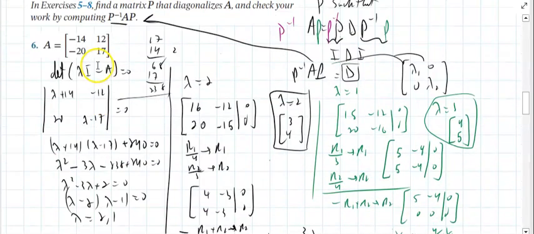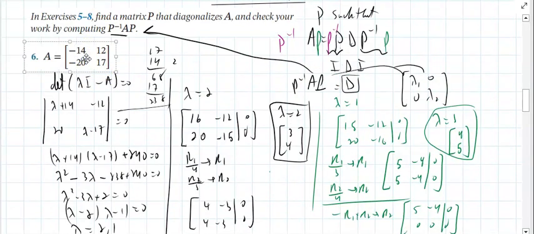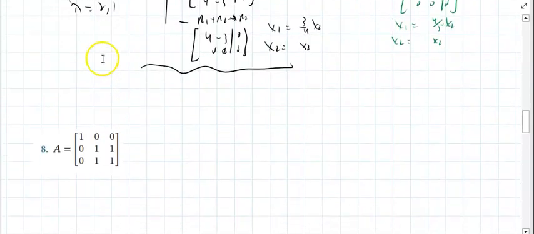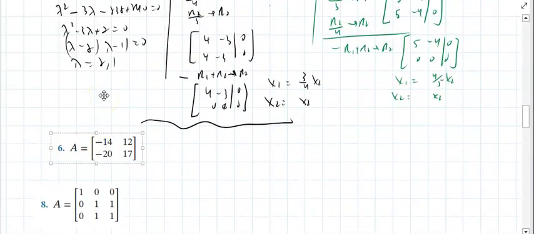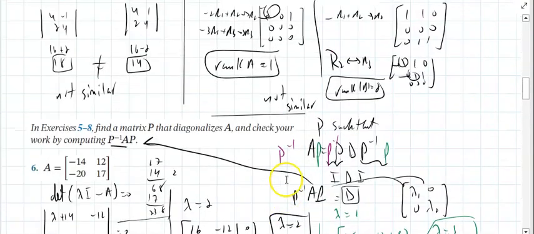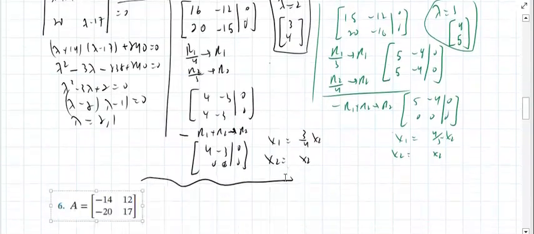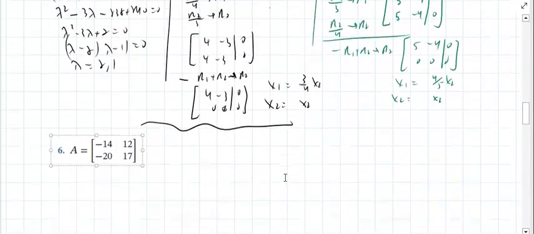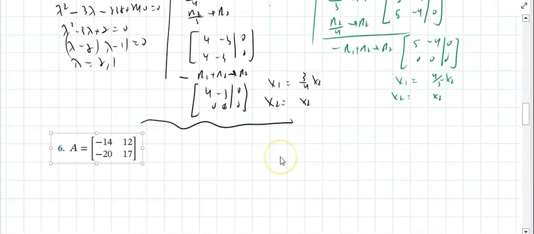Now, I'm going to take A. They want me to write P inverse AP. Let me show you. I have two options to do, and you could do either one. It doesn't matter.